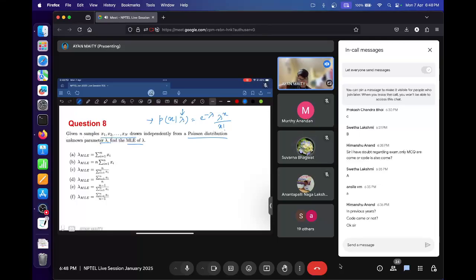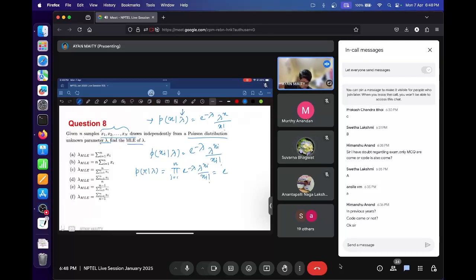I will show you the steps again. For individual data points, this is the distribution, and we have to compute the distribution for all the n given data points. There would be multiplication over i equals 1 to n of e to the power minus lambda, lambda to the power xi divided by xi factorial.